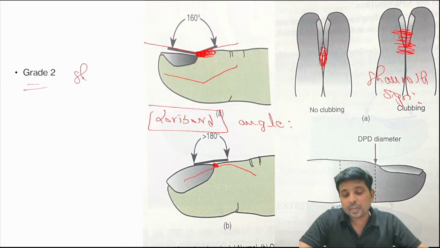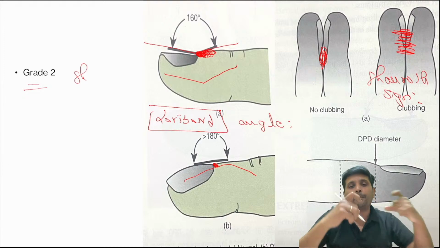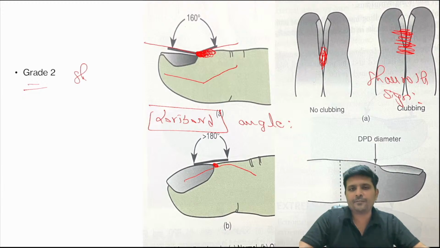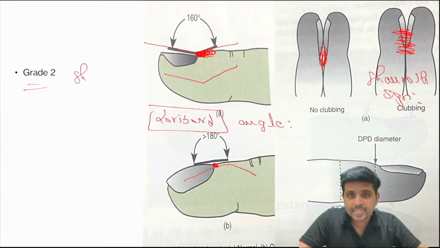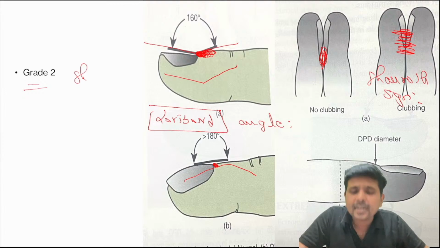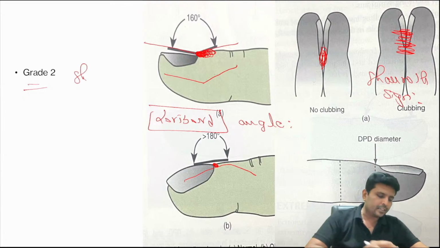Grade 2, loss of the diamond space between the approximated distal parts of the two fingers. This is Shamroth sign. And the Lovibond angle, normally 160 degrees, is increased to more than 180 degrees. So this is grade 2.